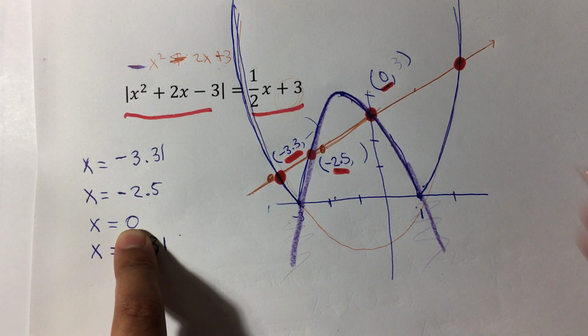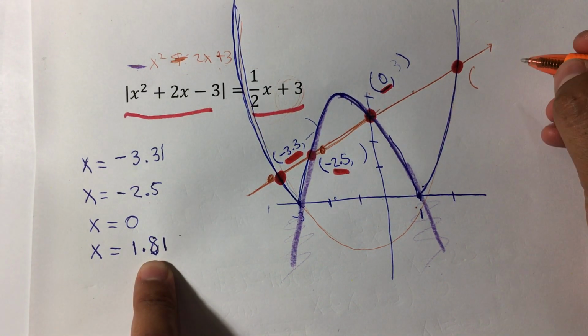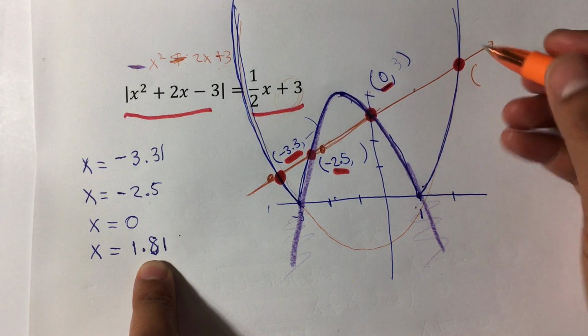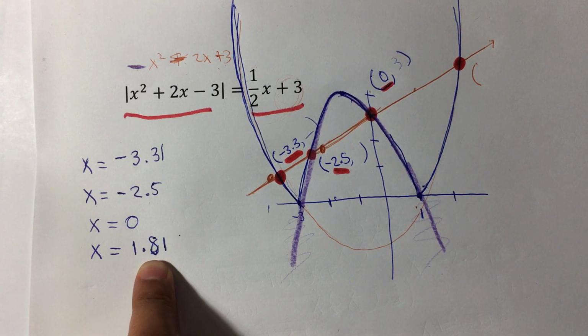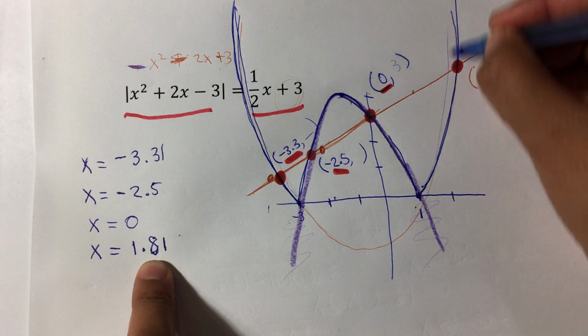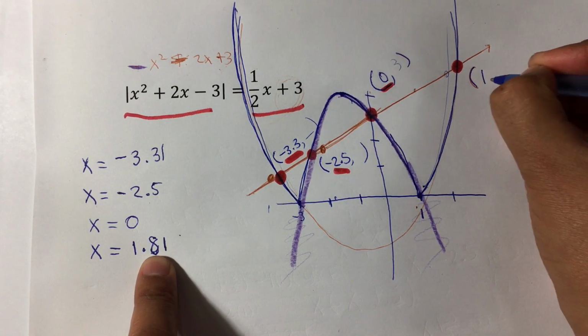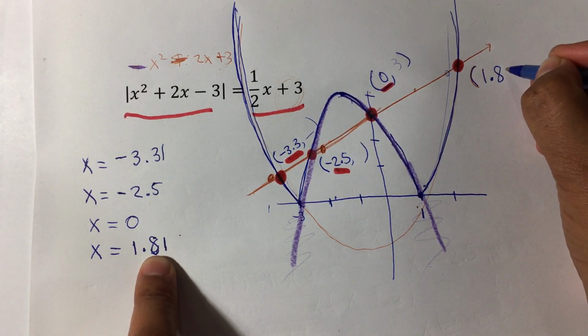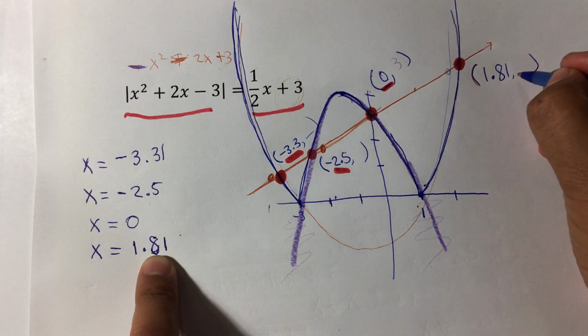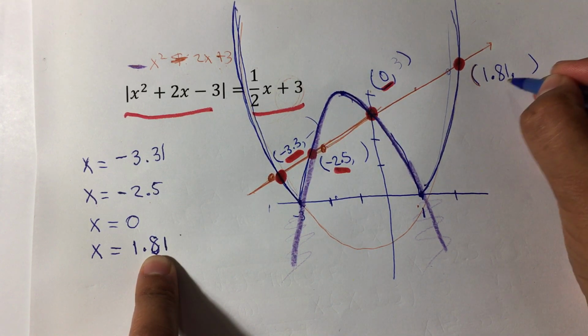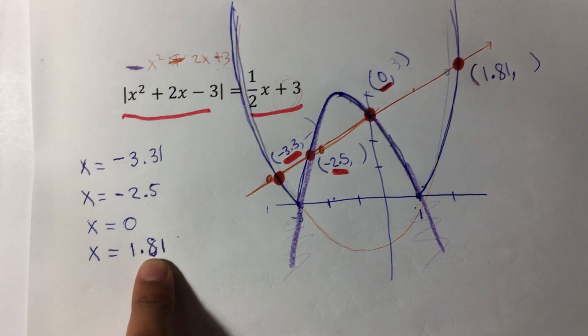And then for this one is 1.80. That means that this graph should be closer to here. Okay, around here. But that's the value for 1.8 or 1.81. Okay, so 1.81. Again, you can round it to the hundredths or to the tenths. That's fine.